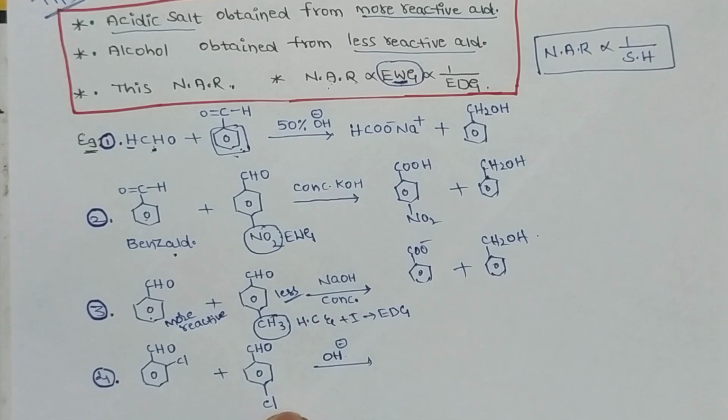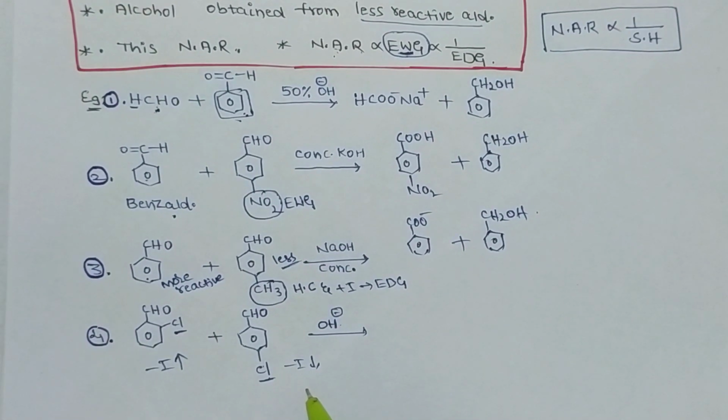Next, ortho-chlorobenzaldehyde and para-chlorobenzaldehyde. Here chlorine is present, and here also chlorine is present. In the ortho compound, the chlorine is very close to the aldehyde group, so the minus I effect is more. In the para compound, the chlorine is far away from the group, so the minus I effect is less. The more the minus I effect, the more the withdrawing power, so it is more reactive.